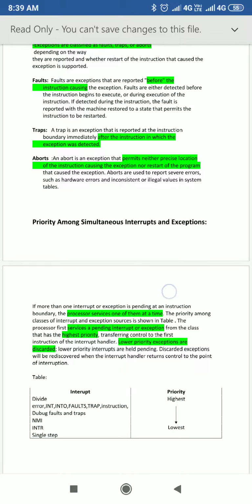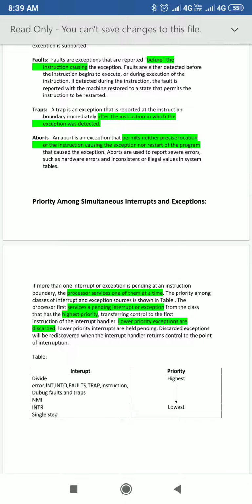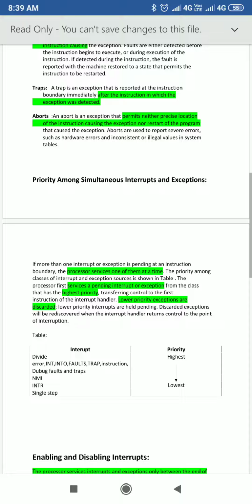Aborts are used to report severe errors such as hardware errors or illegal values in tables. A program with an abort must be terminated. Examples of aborts are INT 8 and INT 9.